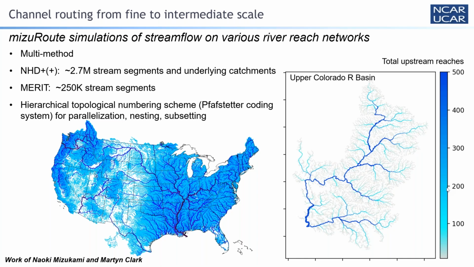That is ultimately too much of a bottleneck to run for water applications like long range water supply. So we use another 250,000 segment scheme that covers the whole US as well.